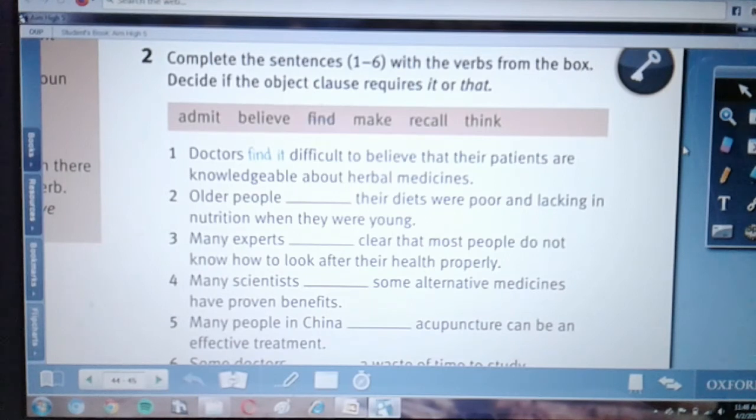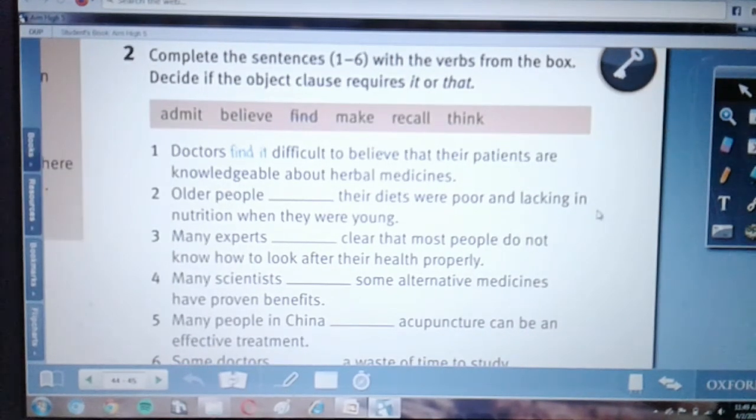For example, number 1. Doctors find it difficult to believe that their patients are knowledgeable about herbal medicines. So, as I mentioned before, it is necessary to put it after the main verb find and also after the adjective difficult.